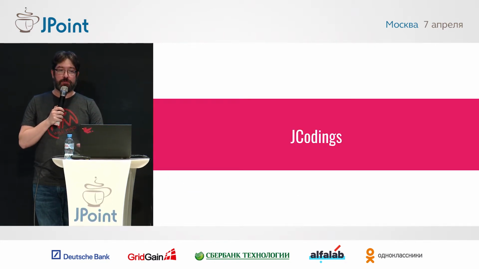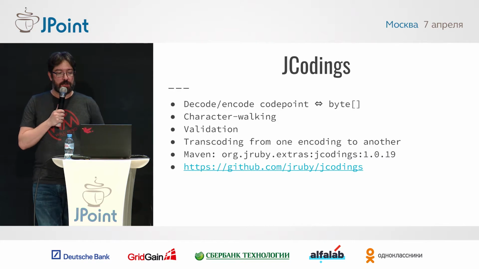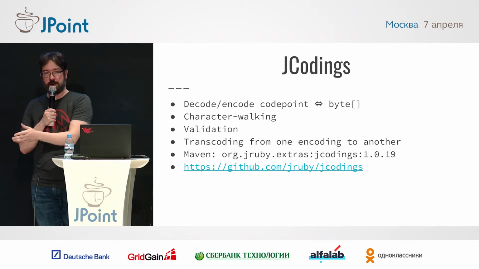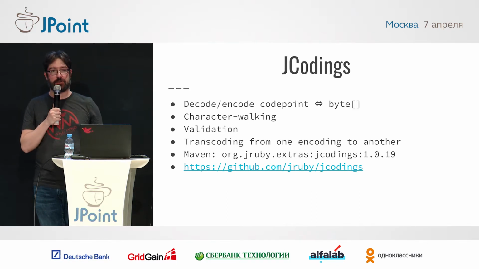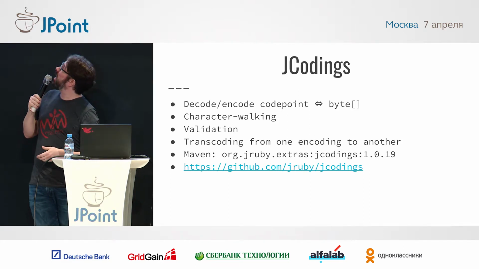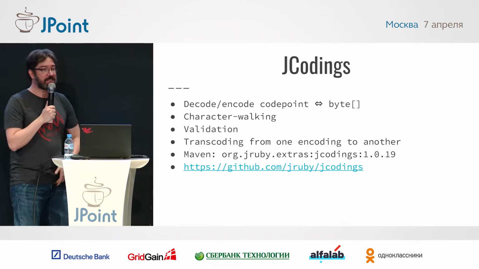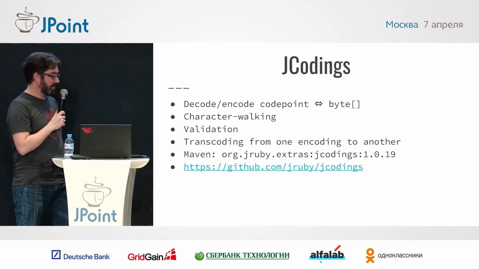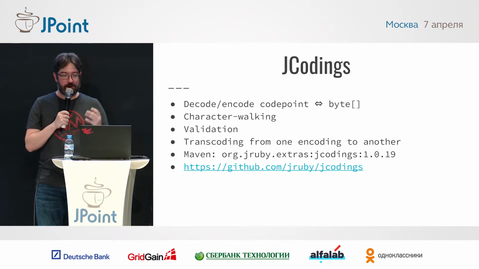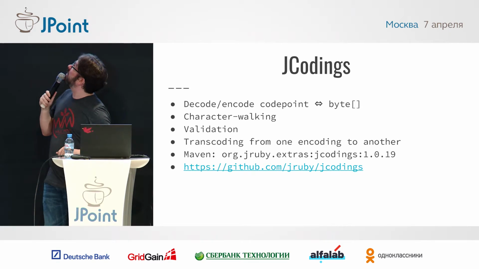All right, so moving on from bytelist to one of the actual libraries that are dealing with encodings, J-codings. So J-codings basically encapsulates all of the logic of translating from one character encoding to another. How to walk the characters in that language, what code points they... All right, see, we're already fixing things with J-codings.